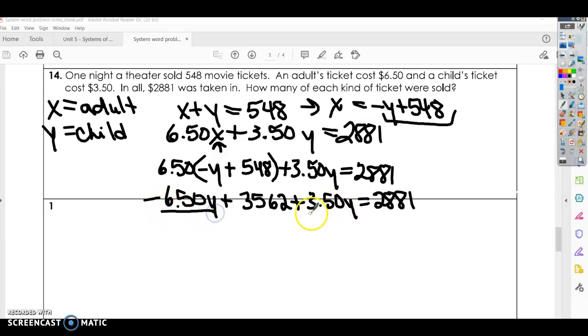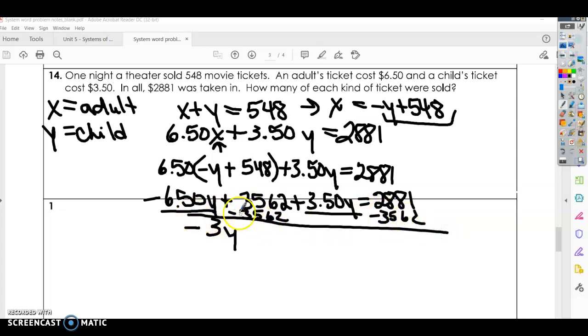So negative 650 and 350 is negative 3y. And then I'm going to subtract 3562 from both sides. So that's going to go to this side. Those I combined. So negative 3y equals 2881 minus 3562, which is negative 681.